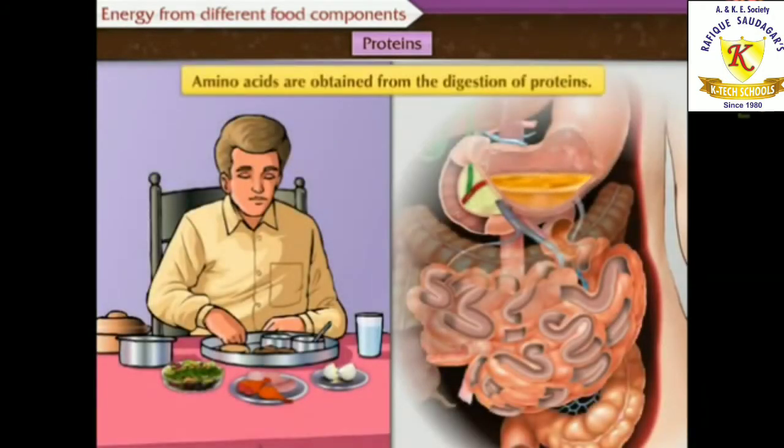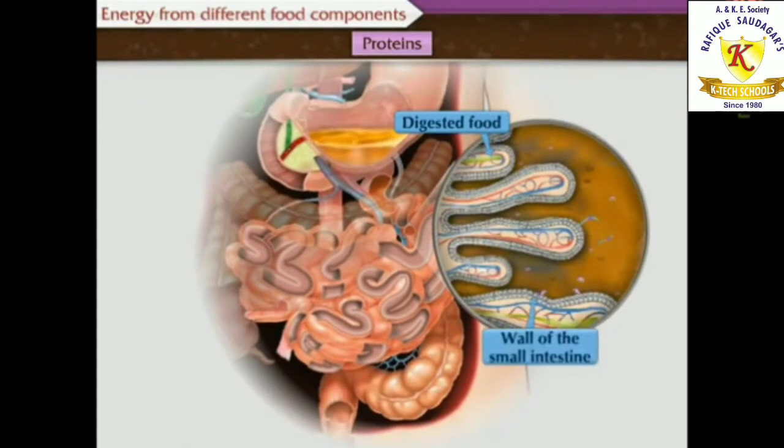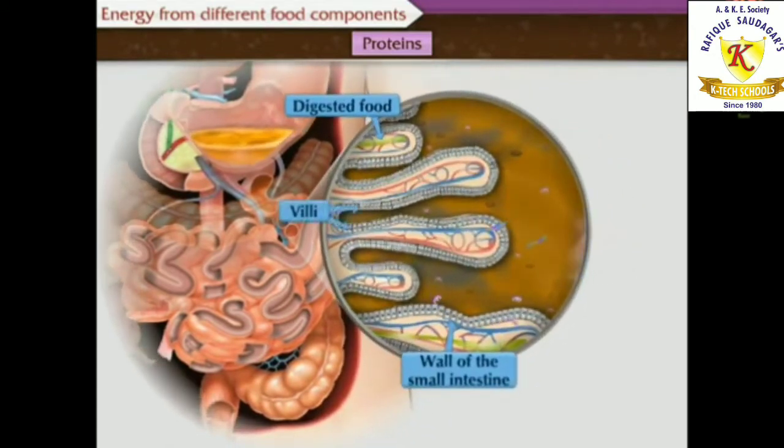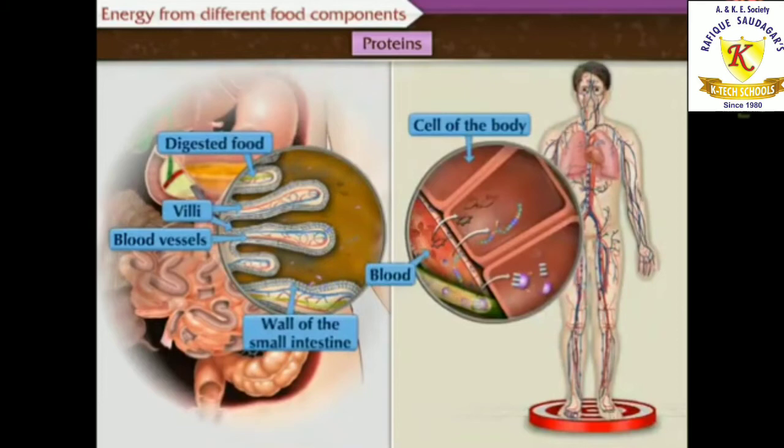Amino acids are obtained after digestion of protein. Those amino acids are absorbed in the body and are transported up to each organ and cell via blood.